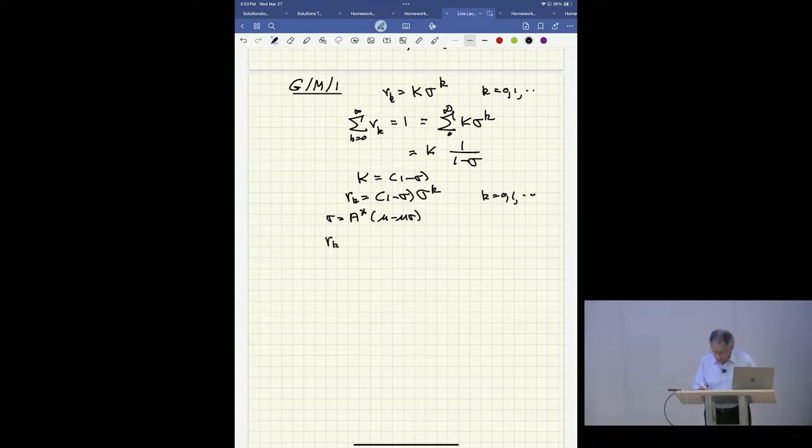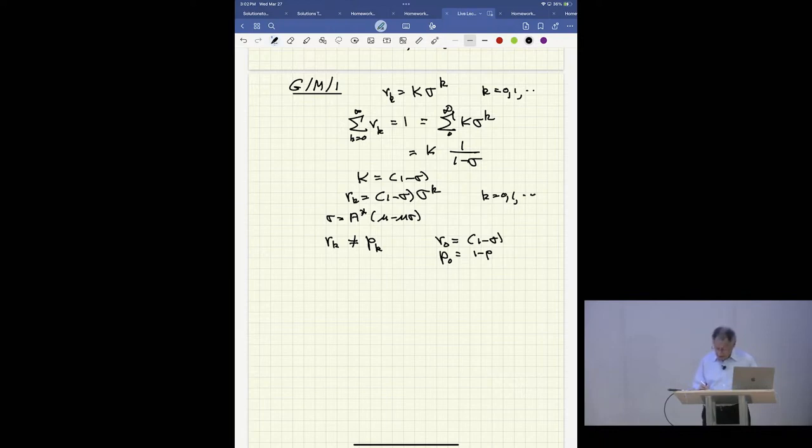R_k. But we know that R_k in general is not equal to P_k, the number found at any point in time. As an example, what is R_0? R_0, coming from the equation above, is simply 1 minus sigma. And what is P_0 for any GM1 system? In fact, for any GG1 system, we know it's equal to 1 minus rho. It's the probability of finding the server idle. And clearly, P_0 is not equal to R_0 as an example.